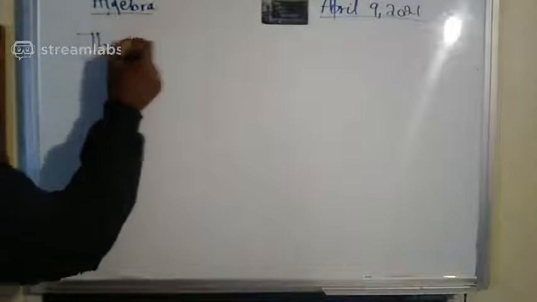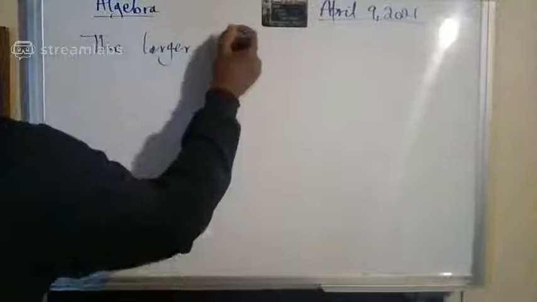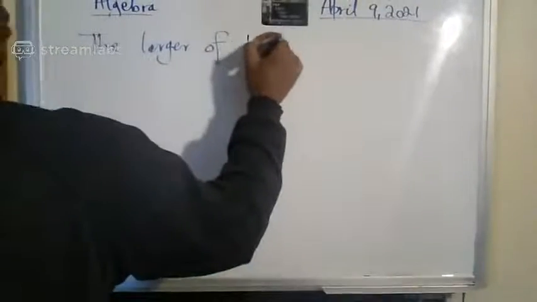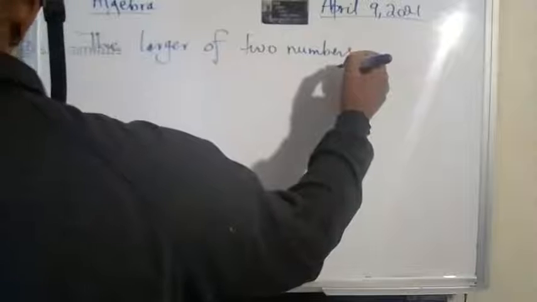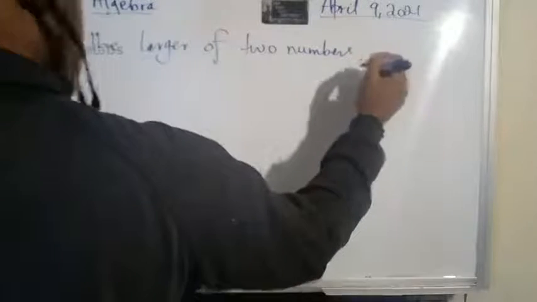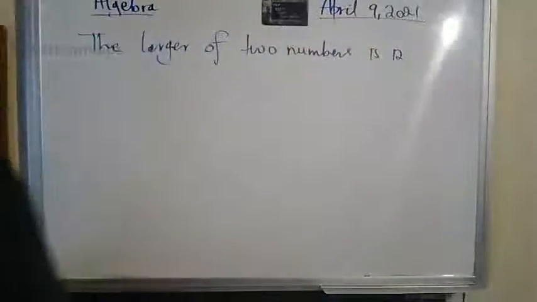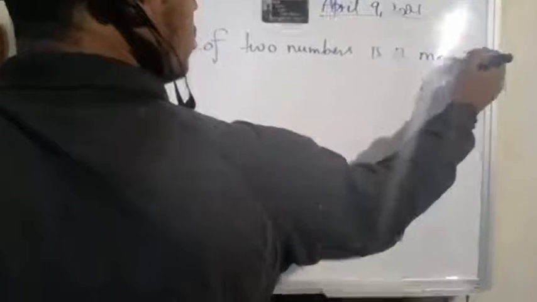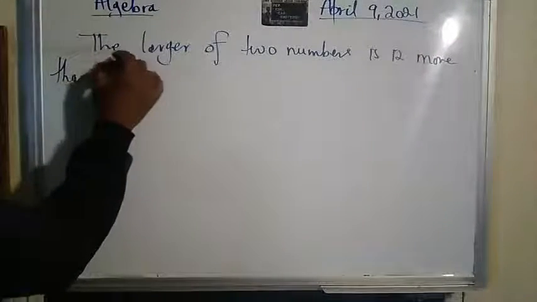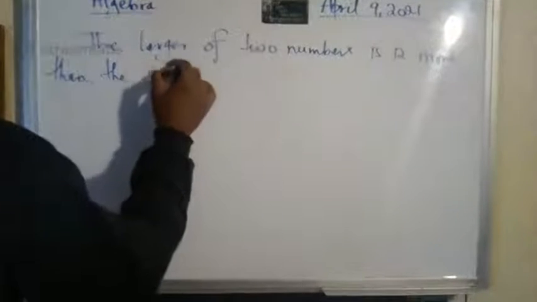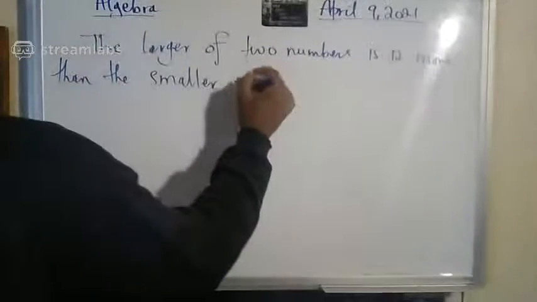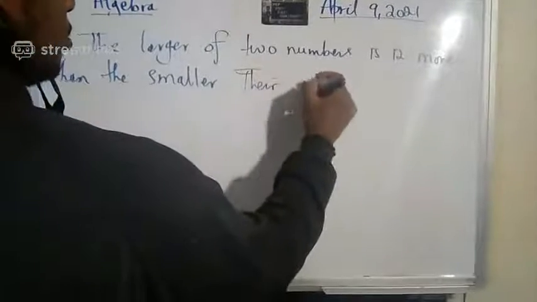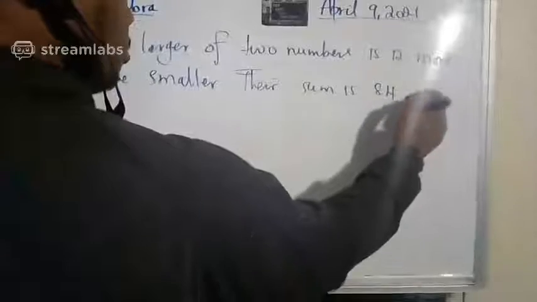Alright, he said the larger of two numbers is 12 more than the smaller. And he said their sum is 84. What are the numbers?